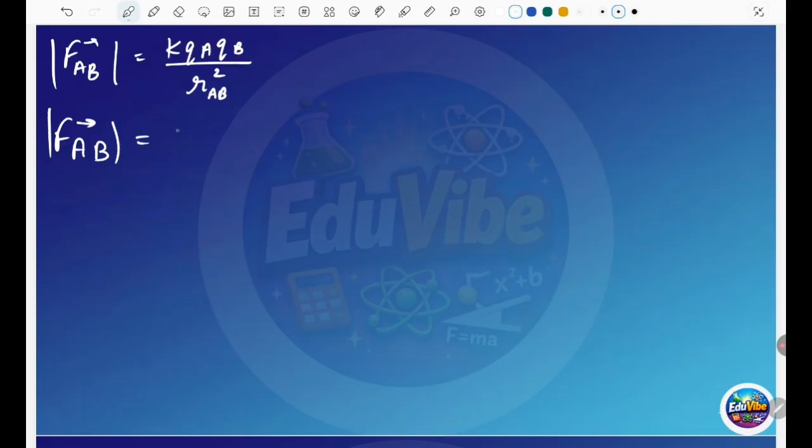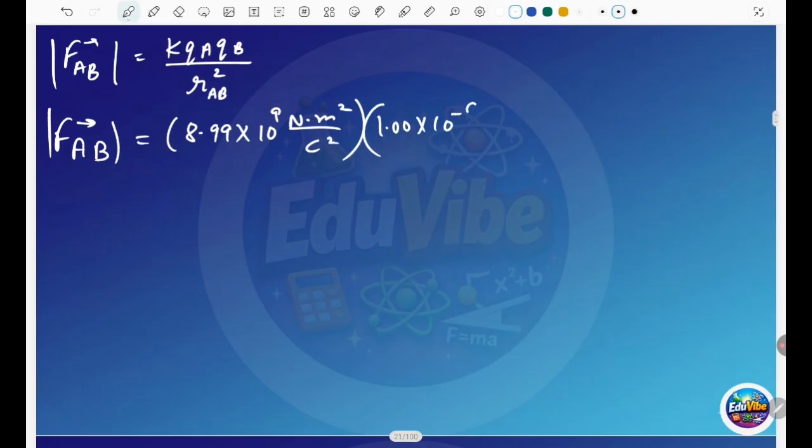So the force is equal to k, 8.99 × 10^9 newton meter squared per coulomb squared, QA is 1.0 × 10^-6 coulombs, and QB is 3.00 × 10^-6 coulombs.